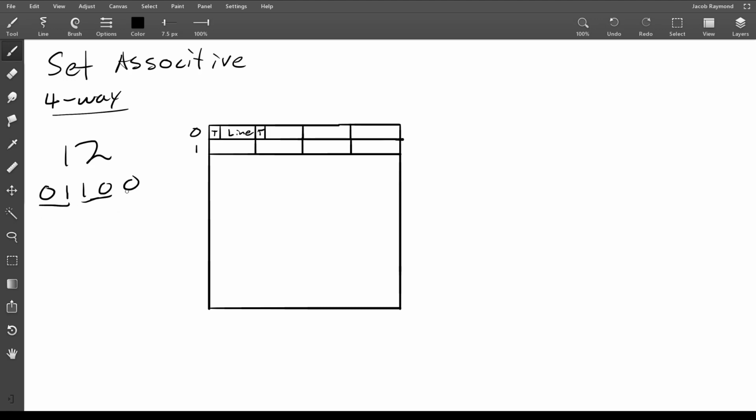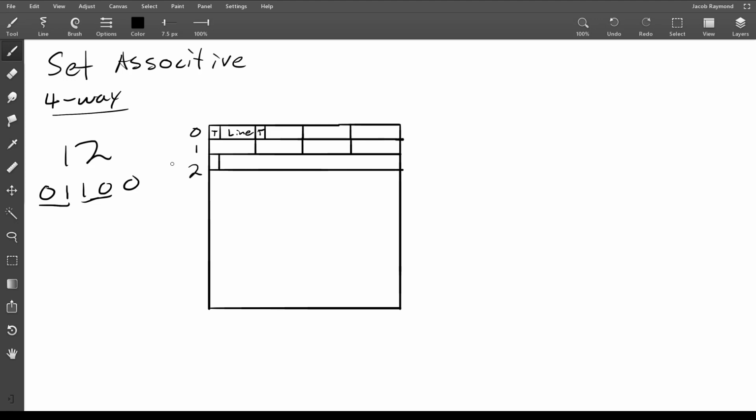So here we'd go to this index, which would be index 2, and then we'd compare it. Normally with direct mapping, we'd compare it to the only tag that's there. But with set associative, we're going to take the tag and compare it to all 4, at least in the 4-way case. We're going to compare this tag to all of the tags here and figure out whether or not it's in the cache. And that's that fully associative process.